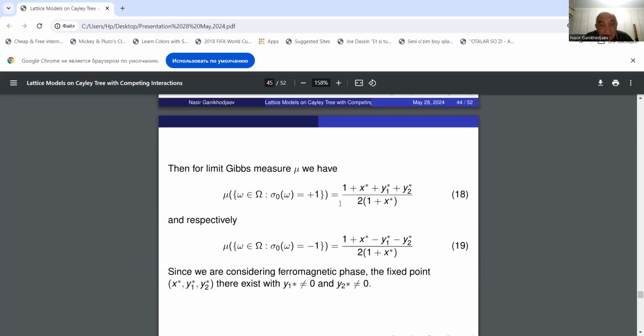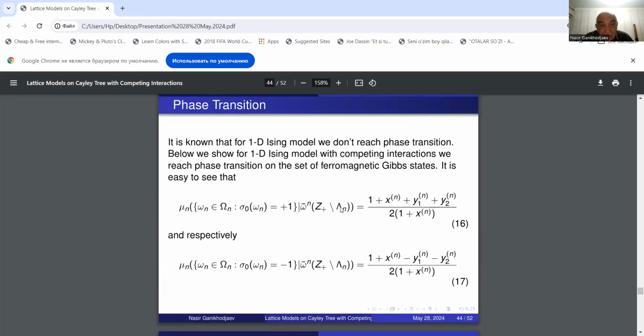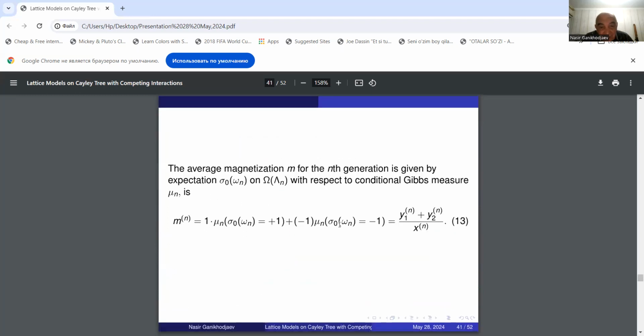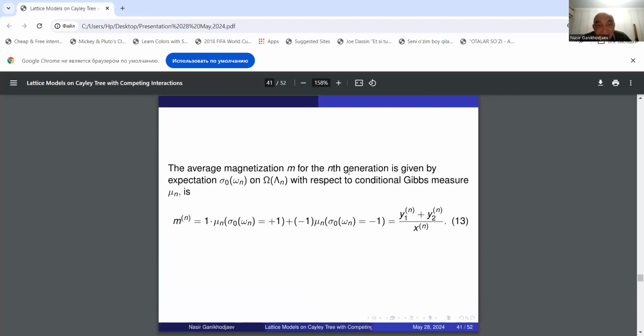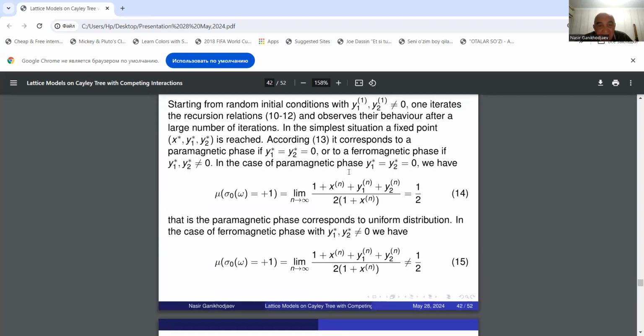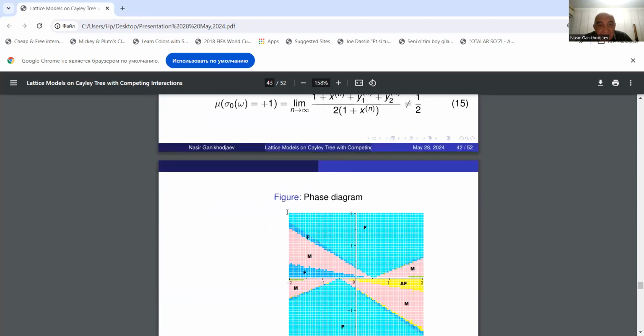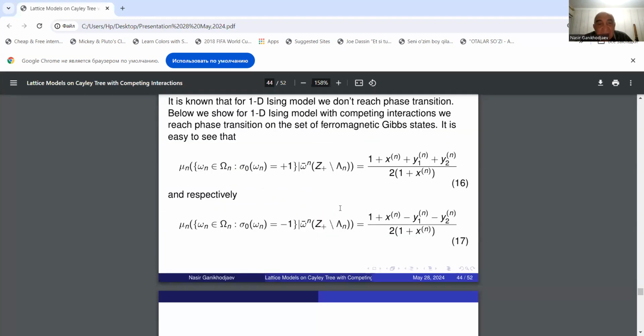Now from this, considering a ratio of these two equations, dividing this equation by the second one, we have such a ratio.